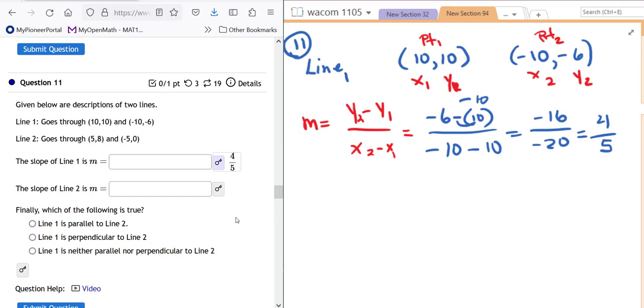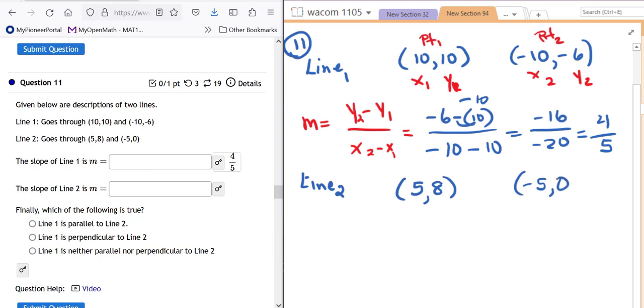Then we have to do the same math with line 2. So we have 0, 8 and negative 5, 0. We label, so X1, Y1, X2, Y2.